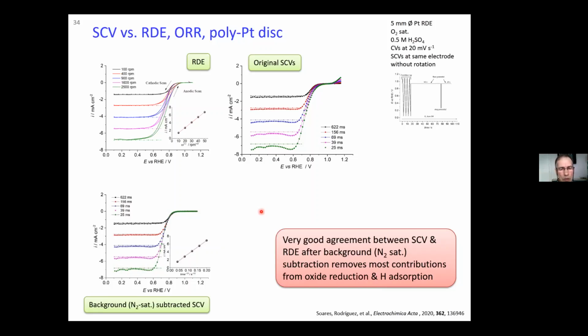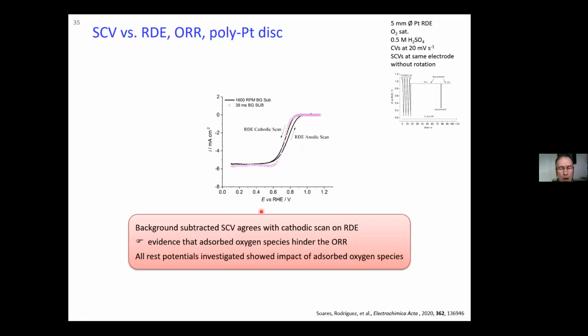So we wanted to see how far we could push the sample current voltammetry. Let me show you this one first. When you compare the sample current voltammograms, which are the symbols, with the rotating disk electrode voltammograms, you find that the sample current voltammogram agrees with the cathodic scan of the normal voltammogram.